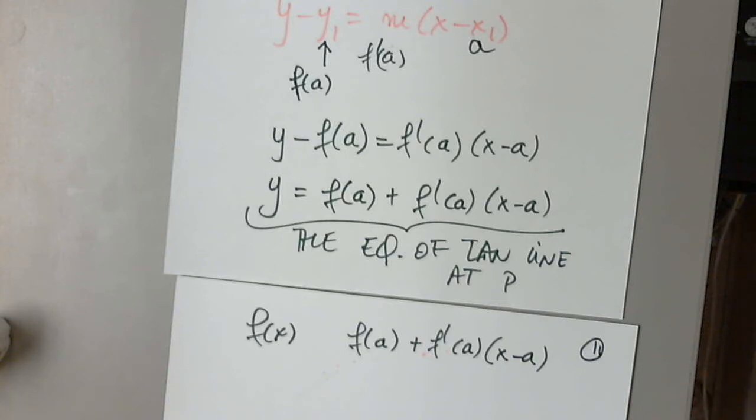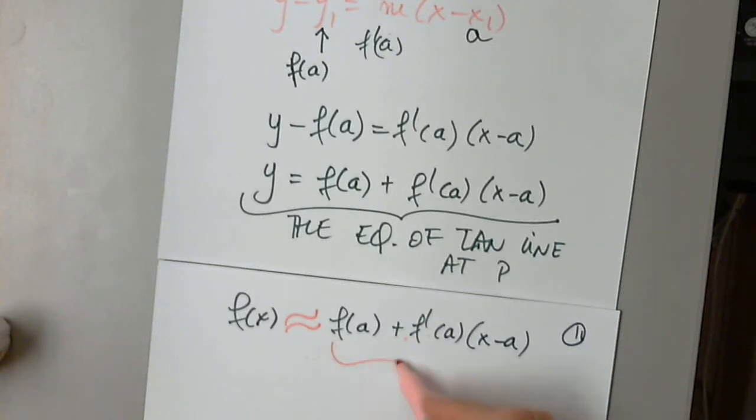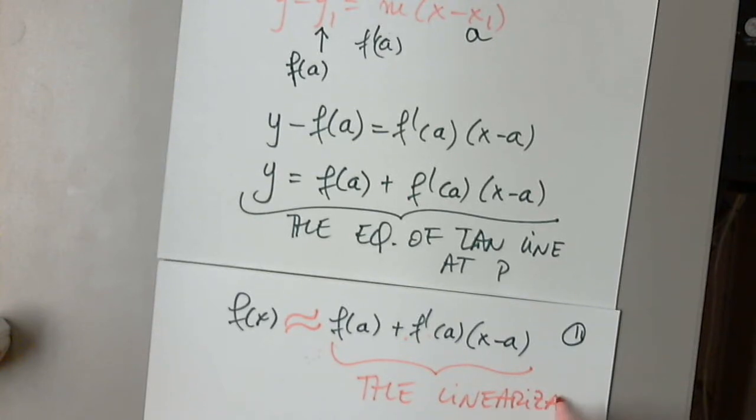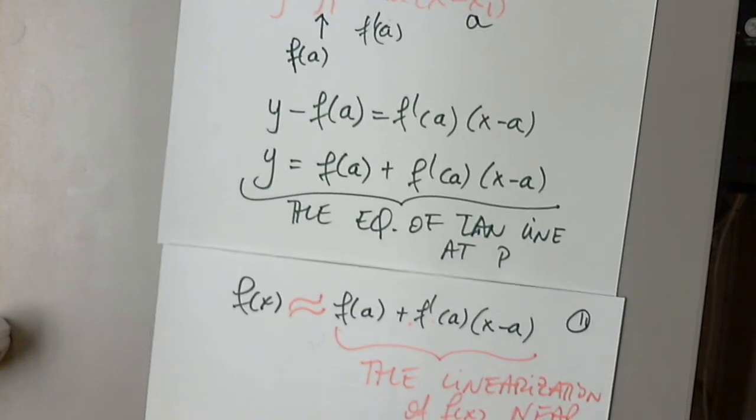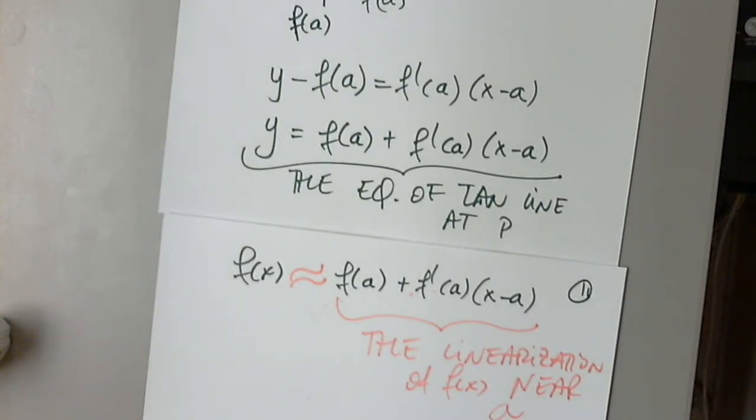Approximately. Correct. This is also called the linearization of f of x near a. Nowhere else, but only near a.